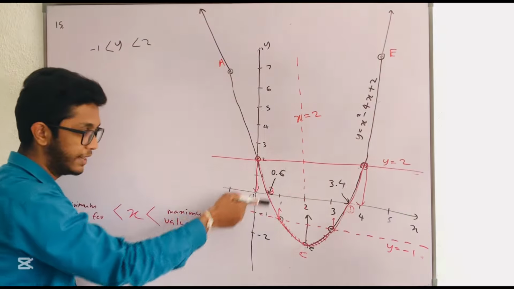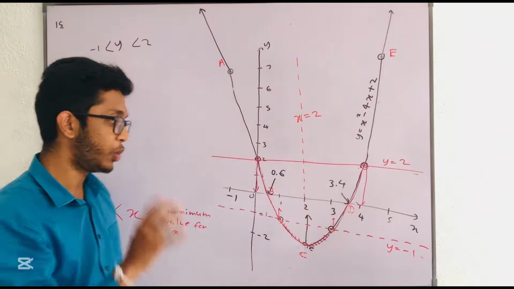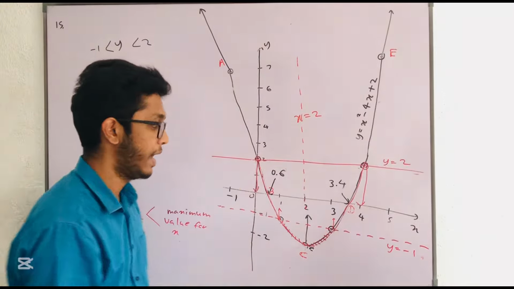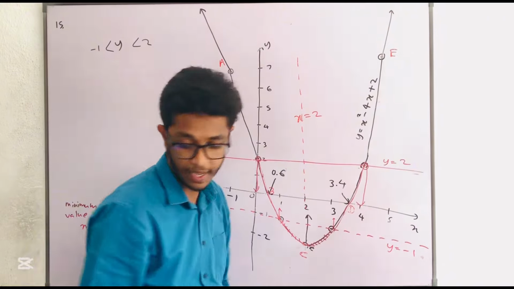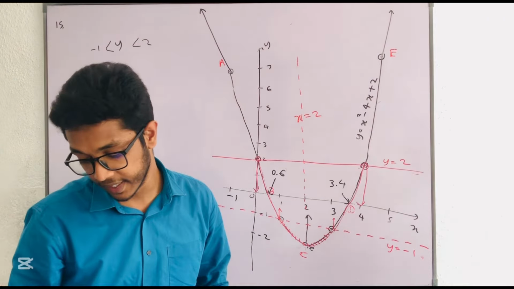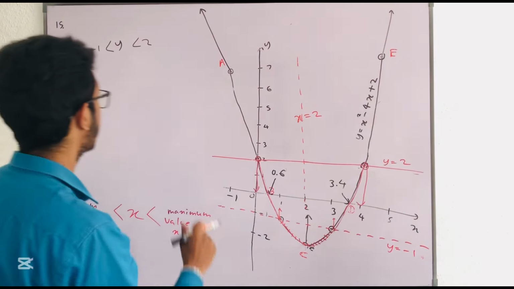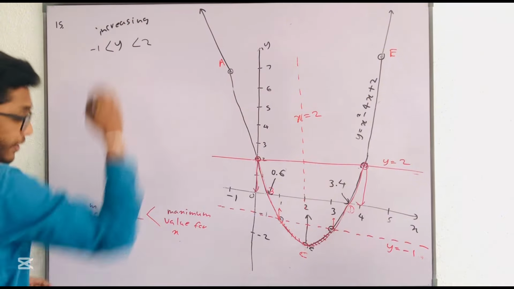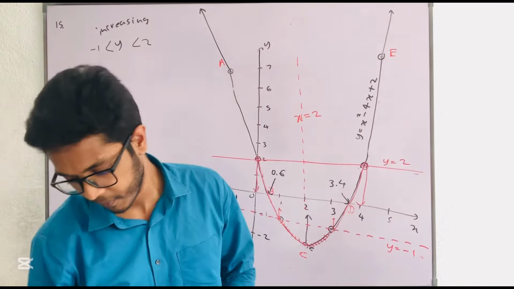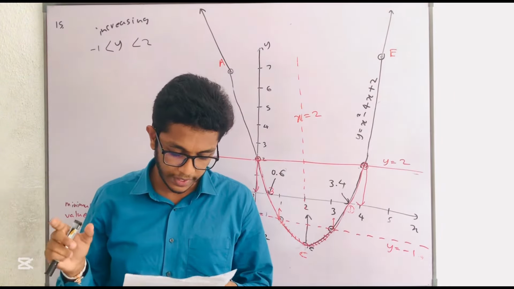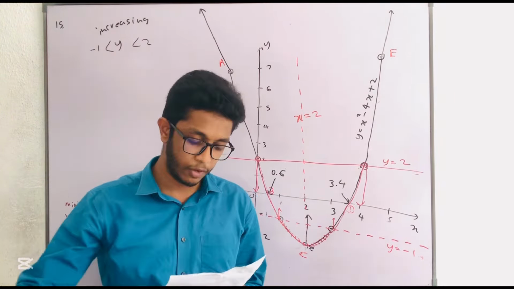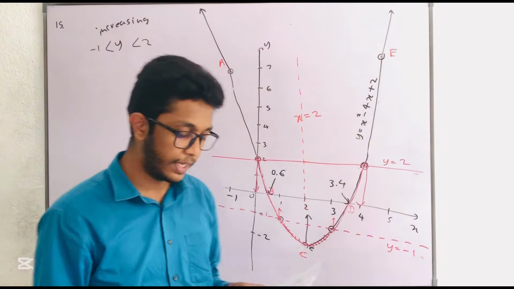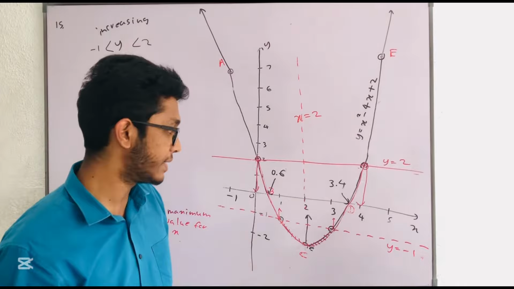In this part we have two parts that belong to this graph, starting from here to here and from here to here. And they have said to consider the increasing part of the graph. In the question they have given: using the graph, write the interval of values of x on which the function is increasing in the interval y greater than minus 1 less than 2.